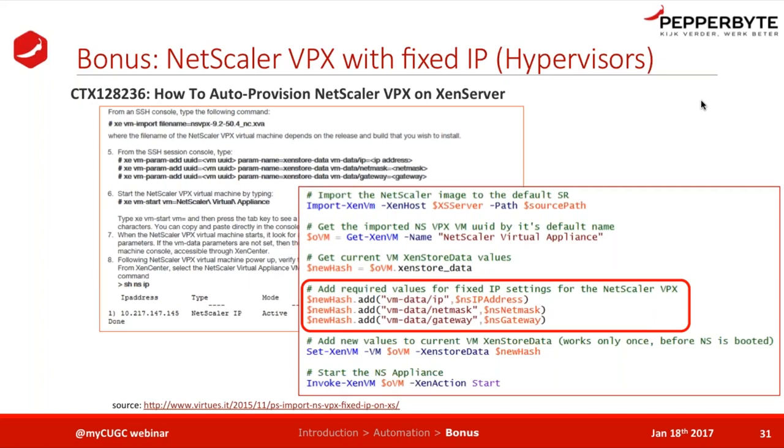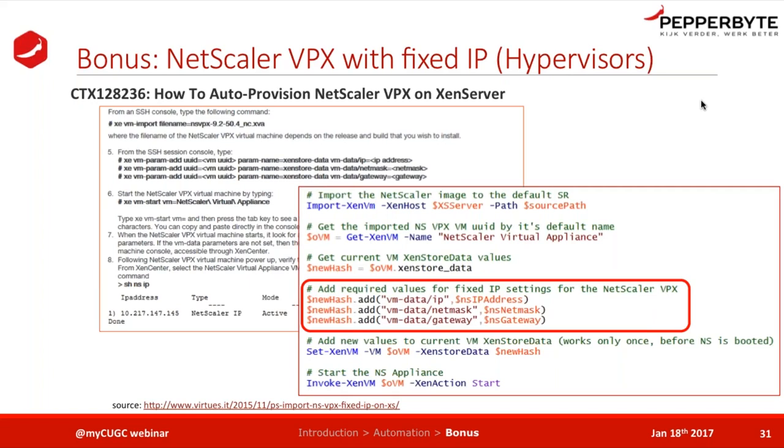And I did find this article on the Citrix knowledge base that gave me directions on how to auto-provision a NetScaler VPX on XenServer, because after all, we are talking about Citrix. So we're of course using XenServer. And it gave me all the settings that I could use via the XE command.